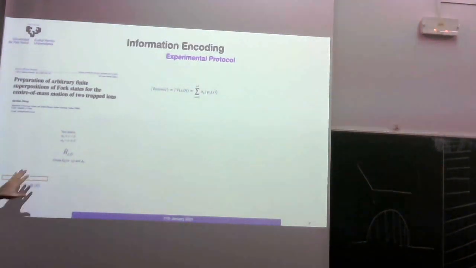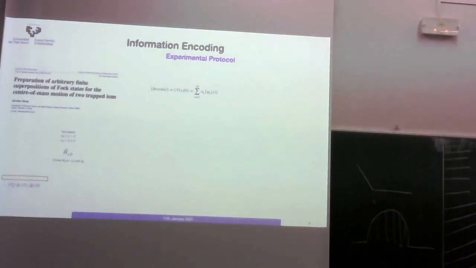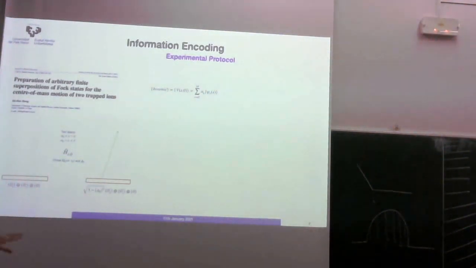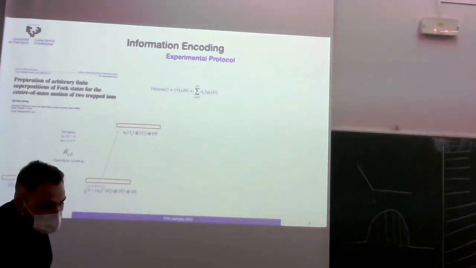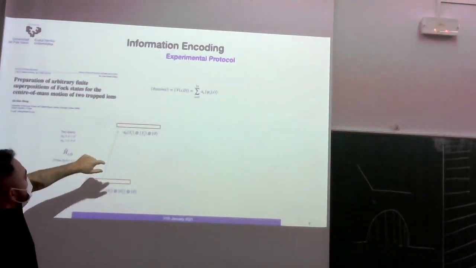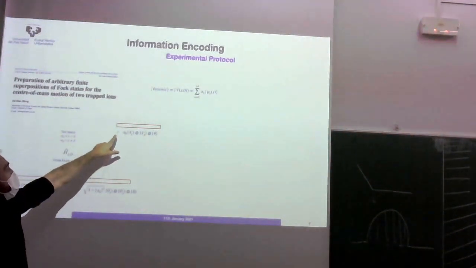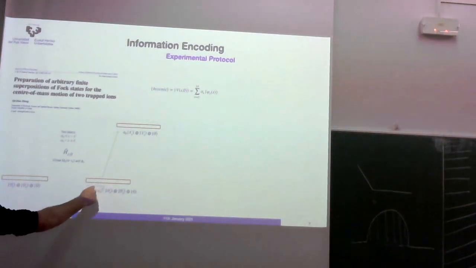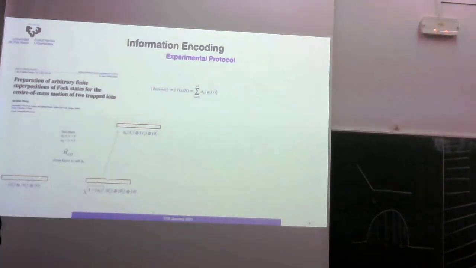By choosing the Rabi frequency and the phase of both lasers, it is possible to achieve the transitions that connect the ground state with the first excited state, so we transfer certain probability from the ground state to the excited state.